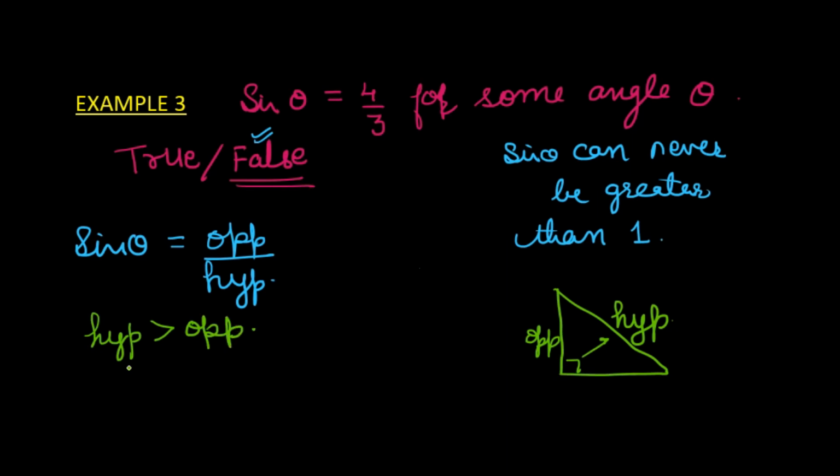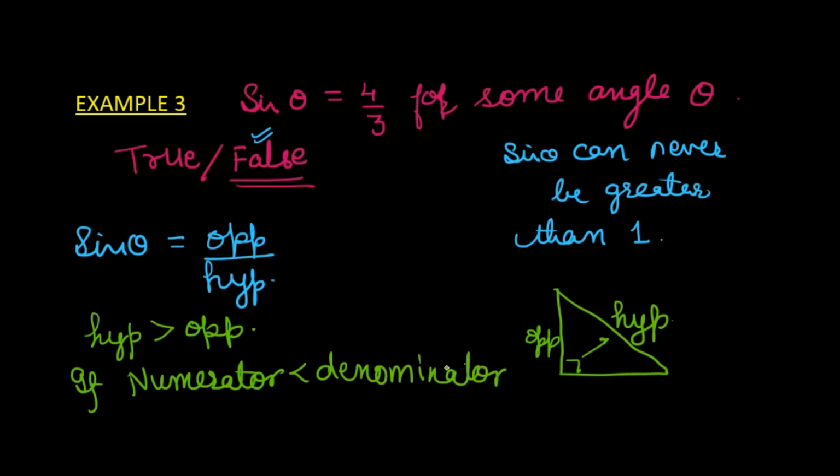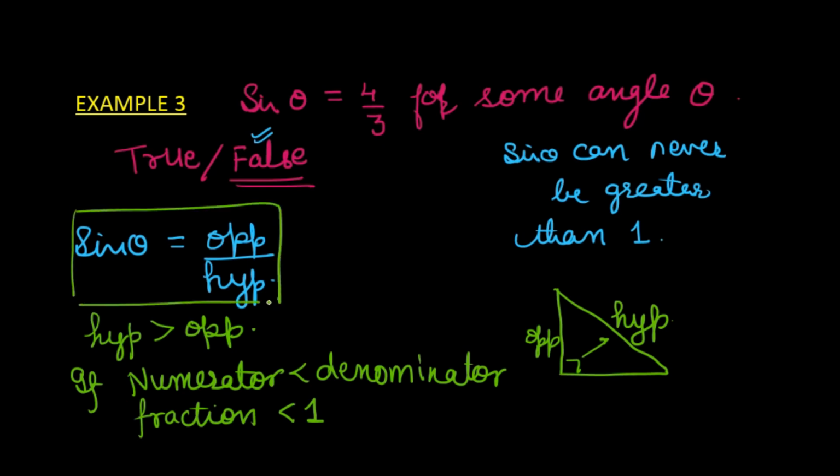And in a fraction, if a numerator is less than the denominator, then we know that the fraction is always less than 1. Correct? The same case we are having with sine theta. In sine theta, the numerator, which is the opposite, will always be less than the hypotenuse, which is the denominator.